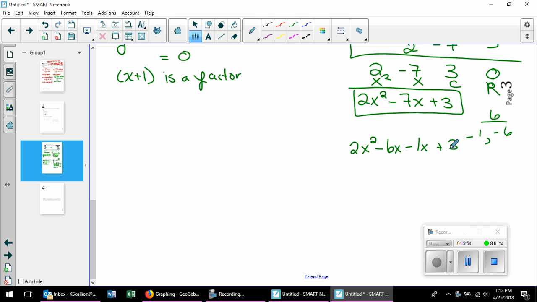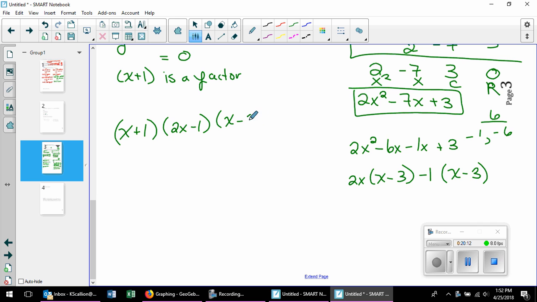So I'm going to take out a 2x here, I'm going to be left with x minus 3. I'm going to go to -1. I'm going to be left with x minus 3. So my factors are, I'll just go over here and write them. X plus 1, 2x minus 1, and x minus 3.